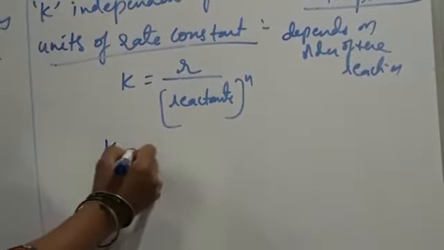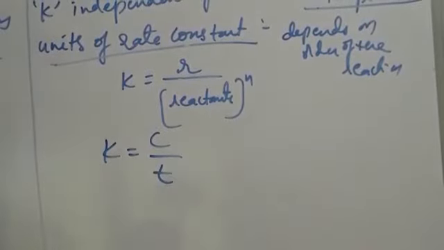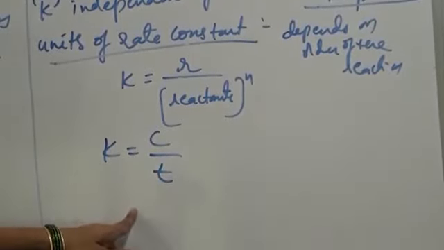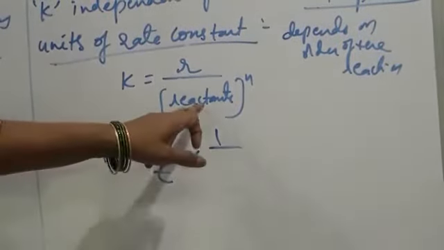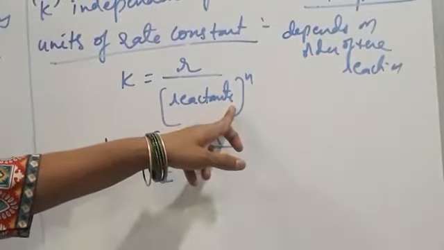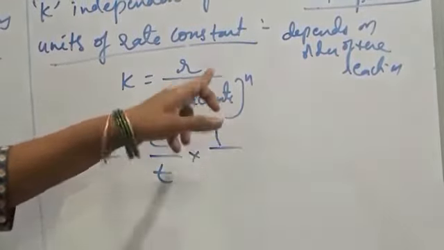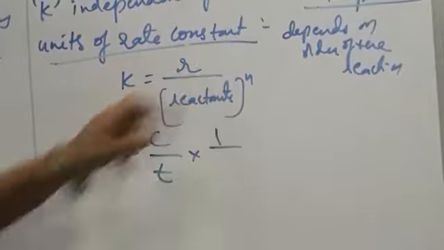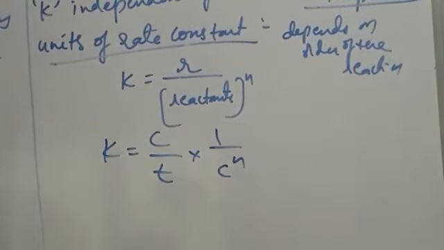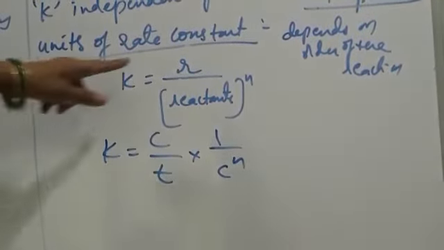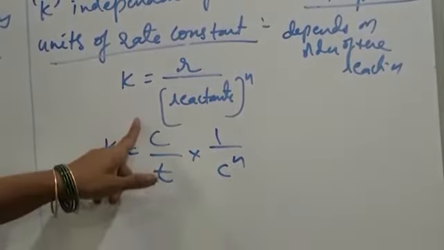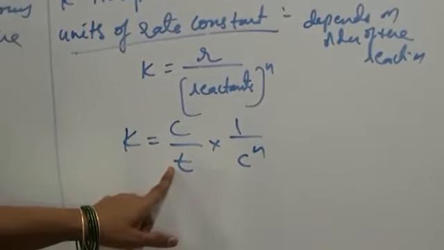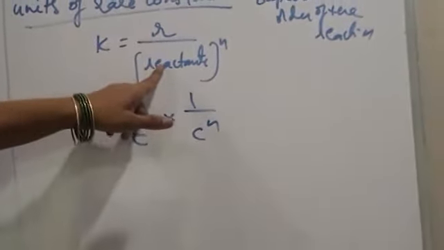So, K is equal to C by T, concentration by time, into 1 by, what do the square brackets indicate here? Concentration only. So, 1 by C to the power n, we can write like this. Rate of reaction is change in concentration in unit time, by concentration of reactants to the power n.